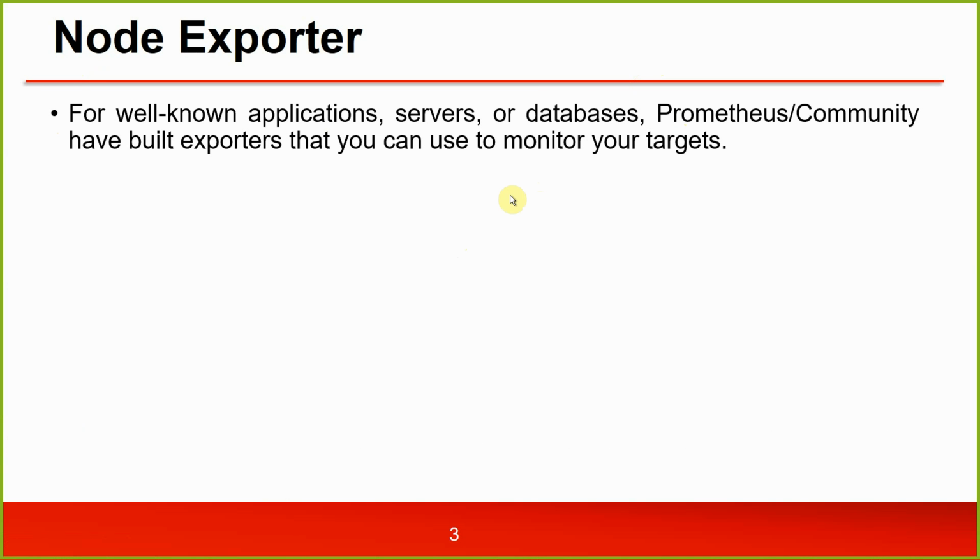Node exporter is one example I quoted for a Linux machine. In general, we can say that for well-known applications, servers and databases, Prometheus or the community have built exporters that you can use to monitor your targets.